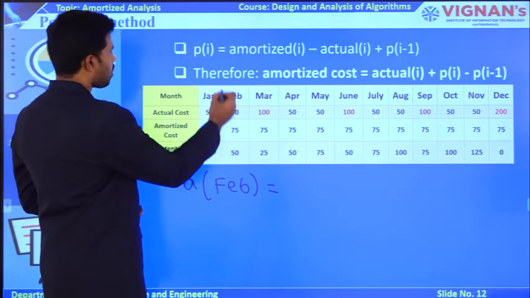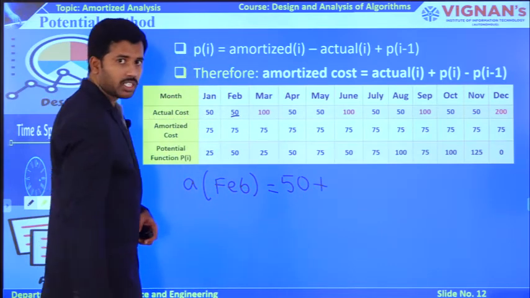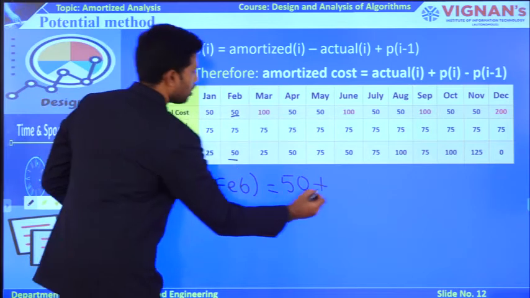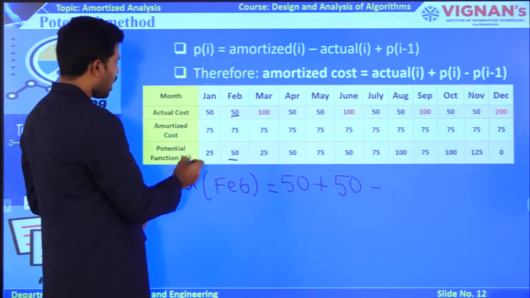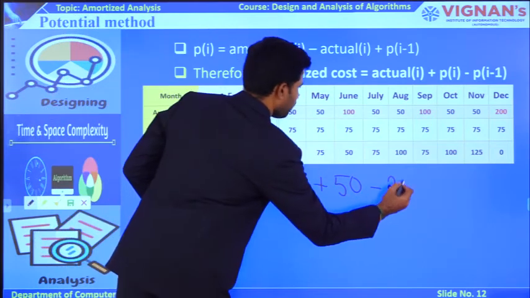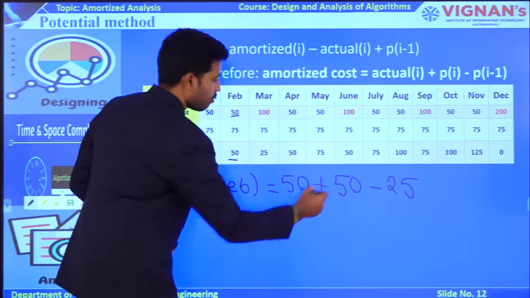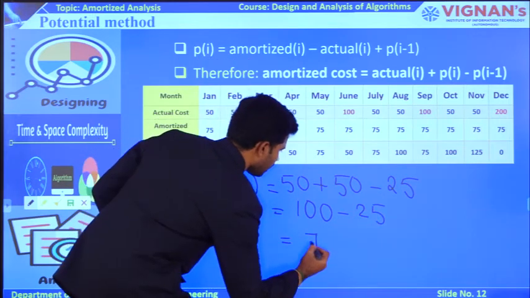So what is the actual cost of February? 50 plus what is the potential value for February? 50 minus what is the potential value for January? P of I minus 1, right? 25. So ultimately 50 plus 50 is 100 minus 25 generates 75.